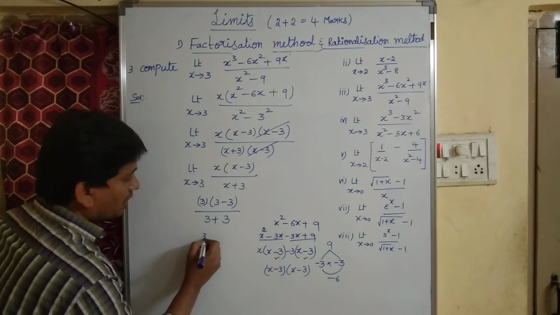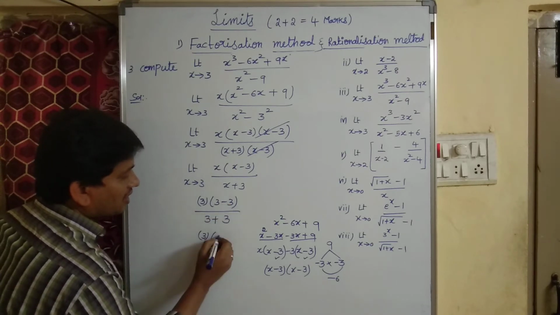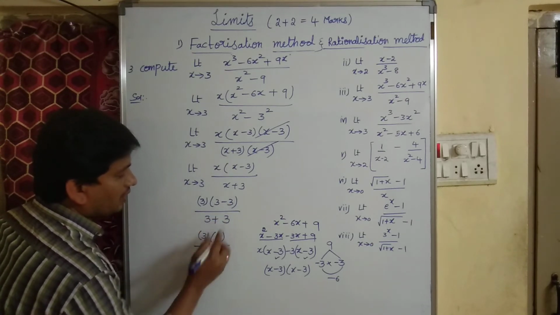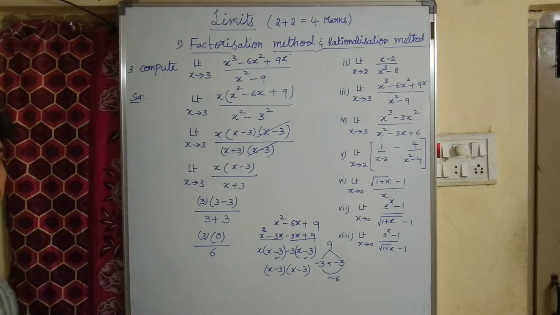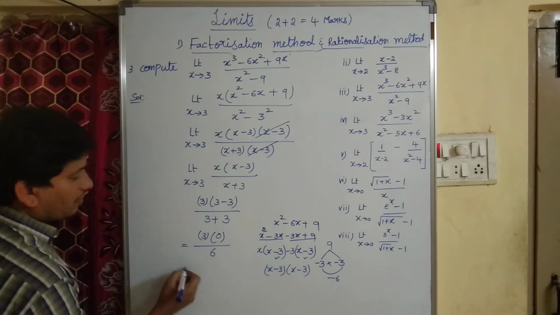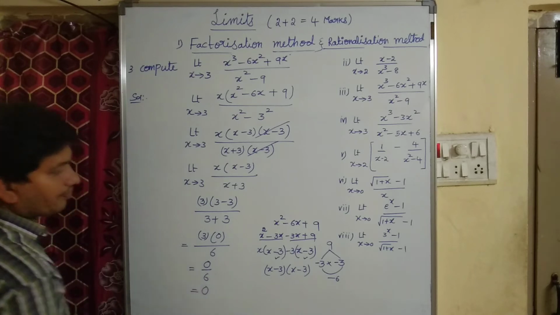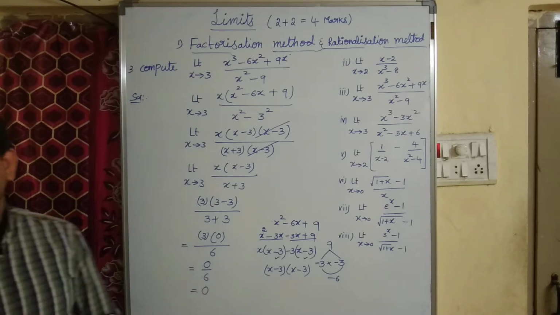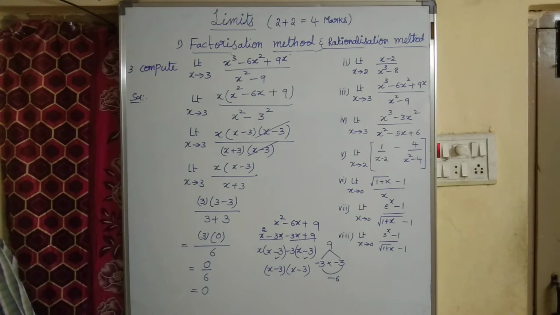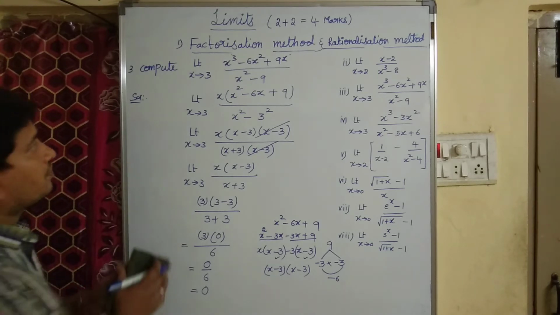Right? So 3 into 3 minus 3, which is 0, divided by 3 plus 3, that is equal to 6. So 3 into 0 how much, children? 0. 0 divided by 6 is equal to 0. So what is the answer? The answer is 0. So don't confuse, children. Okay?